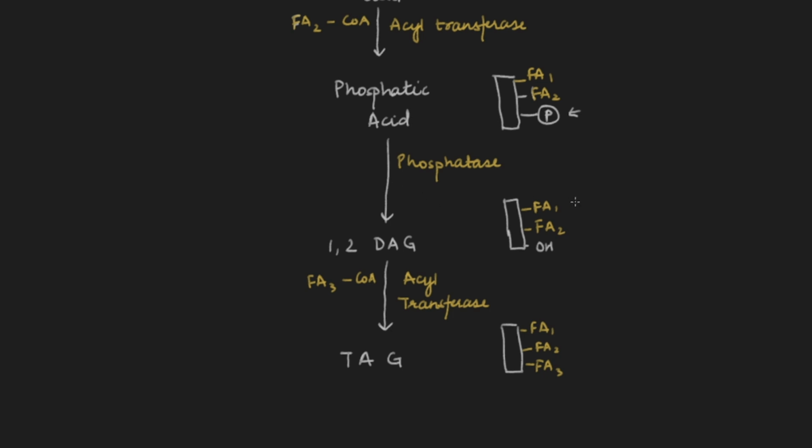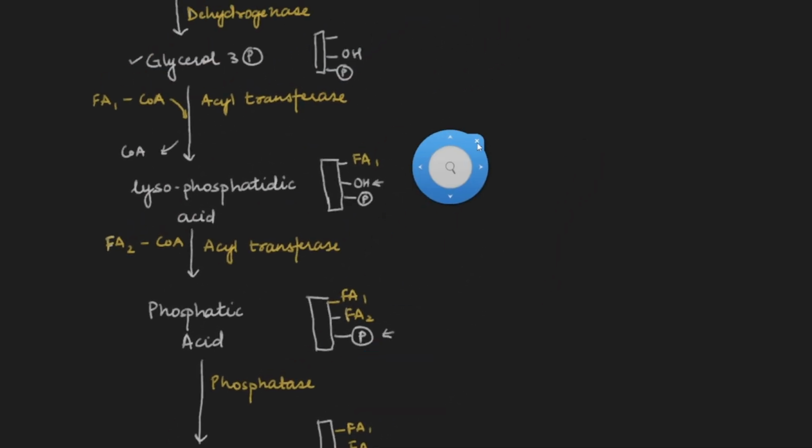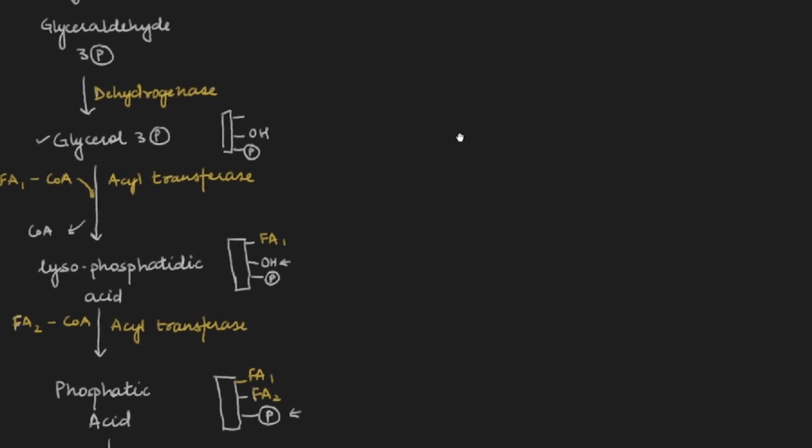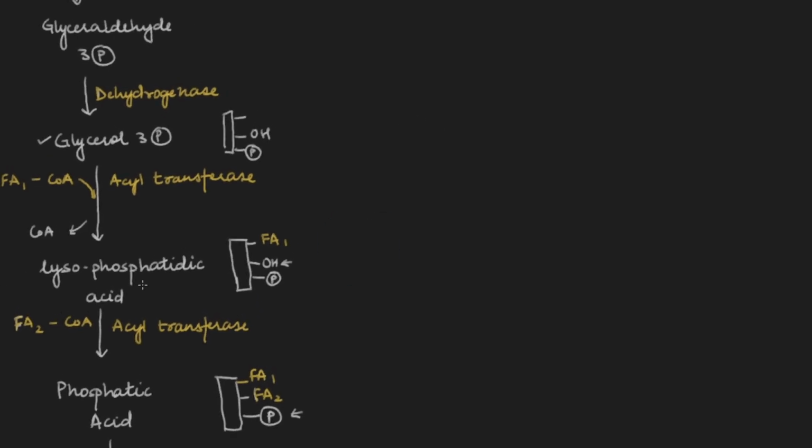Another pathway, or second pathway, is the dihydroxyacetone pathway. In the dihydroxyacetone pathway, dihydroxyacetone phosphate first gets converted into 1-acyl dihydroxyacetone phosphate, again with the help of acyl transferase.